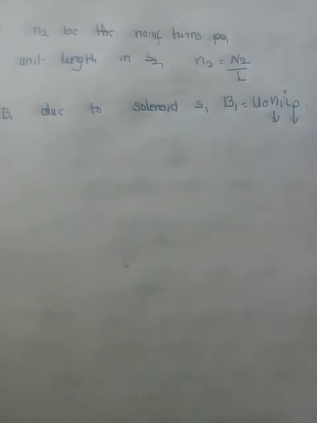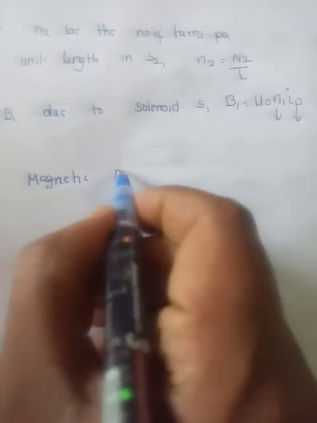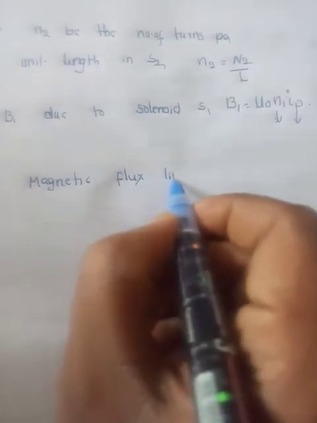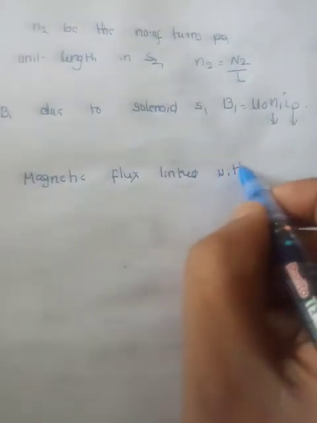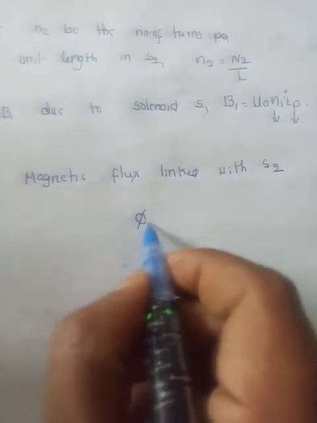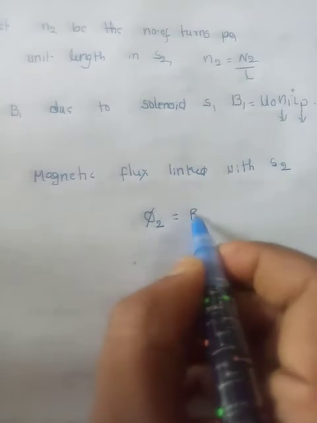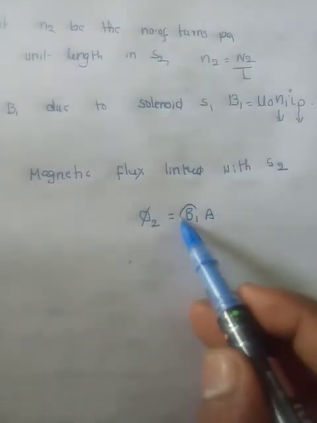Now, because of the varying current in the solenoid, magnetic flux is linked with the secondary coil. What is the magnetic flux linked with S2? Phi 2 is equal to B1 A, not B2 A. Why should we write B1?